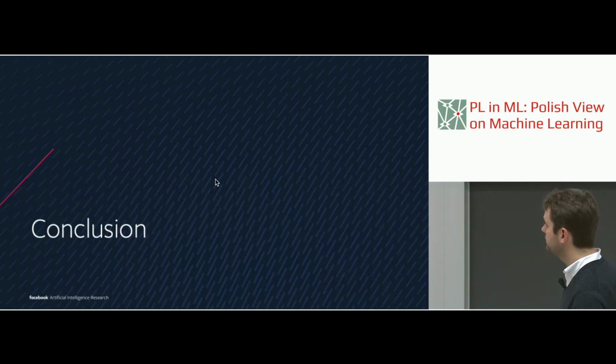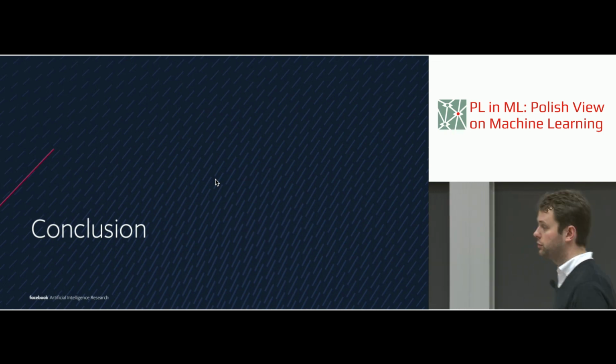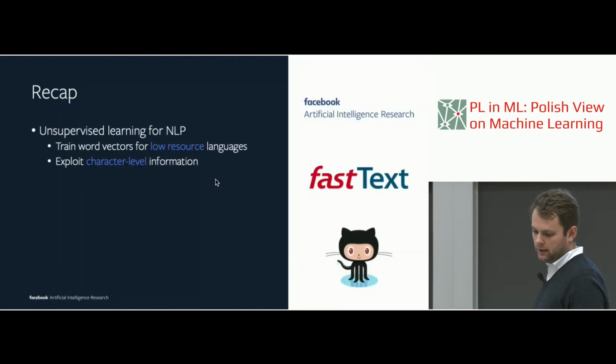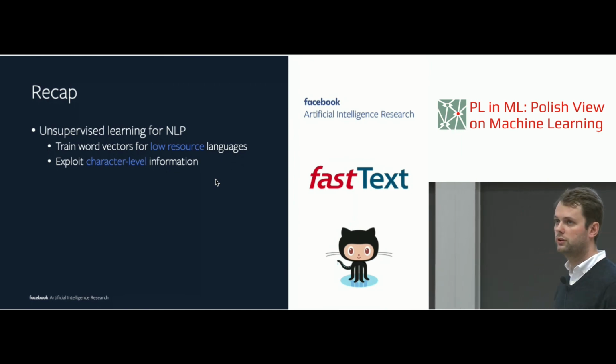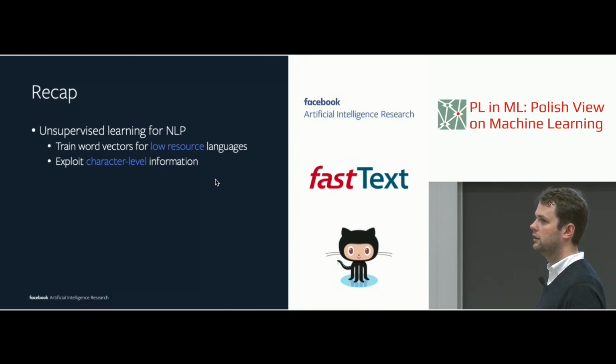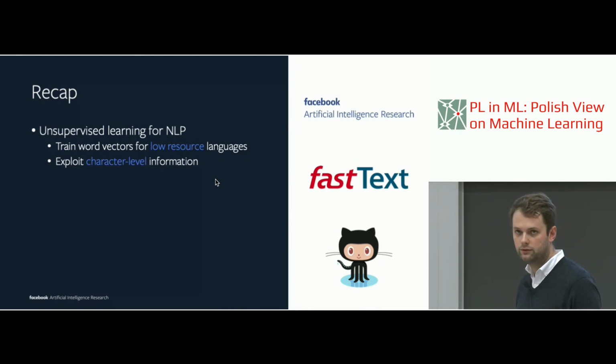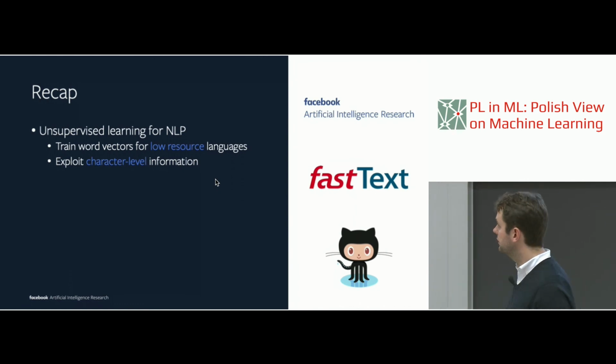That kind of brings me to the conclusion of my presentation, and I'm going to start with a short recap. So first I talked about unsupervised learning for natural language processing. How can we train word vectors and obtain good word vectors for languages that don't have many resources? And the solution that we proposed was exploiting character level information and redundancy and sharing of parameters between words.